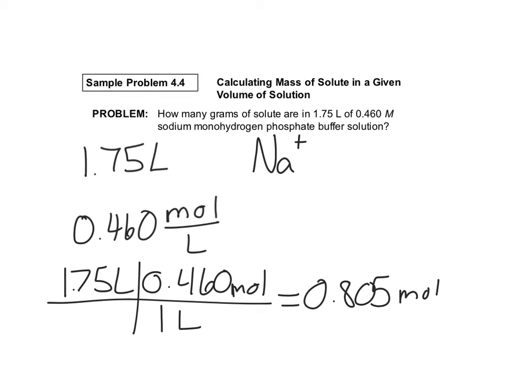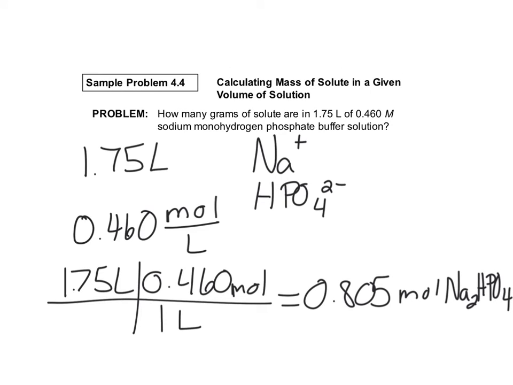Now, the monohydrogen phosphate, that's going to be one of those polyatomic ions, and its formula is HPO4, and it has a 2- charge. So that means the formula for sodium monohydrogen phosphate is going to be Na, and I got to have 2 of those, HPO4. Right? I got to have 2 sodiums to cancel out the -2 charge on the monohydrogen phosphate.